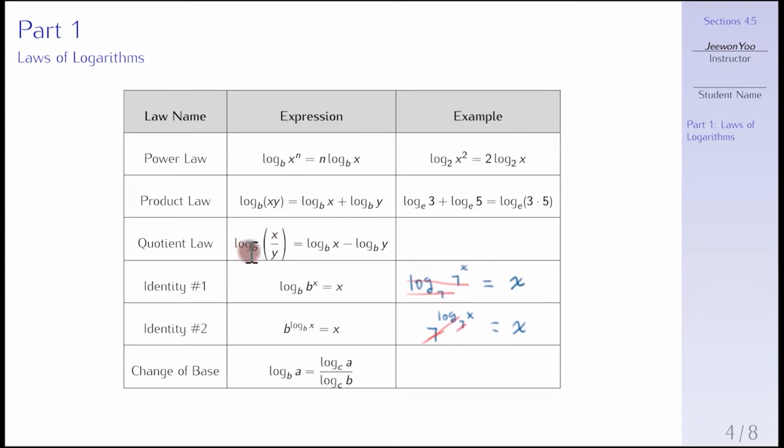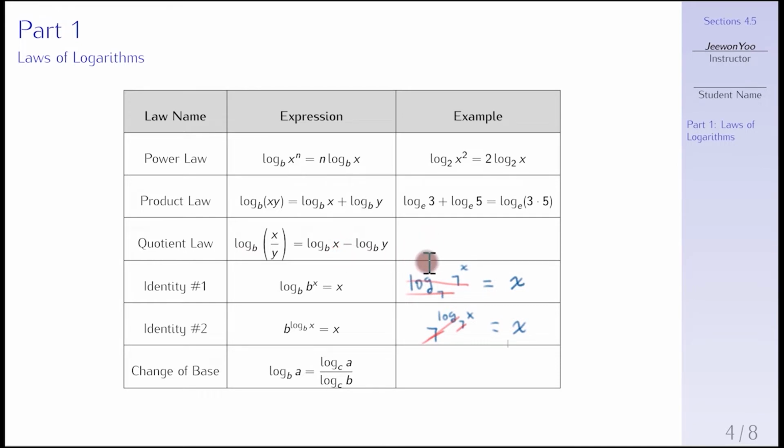Similarly, if you have log base b of x over y, it's called the quotient rule because x over y is some sort of division going on. So we have a quotient. Log base b of x over y equals log base b of x minus log base b of y. You can split this single logarithm into two different logarithms like this, but be careful, it has to be a minus sign.